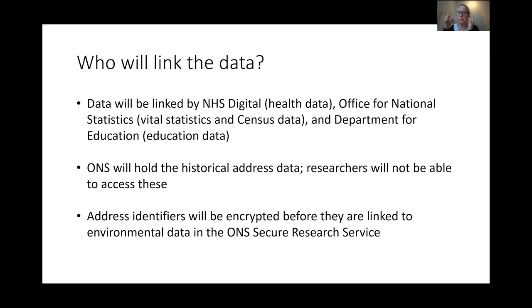We will link in some environmental data that has already been processed for this, but researchers might hold environmental data on access to food outlets, biodiversity indicators, whatever you like, that can be mapped to an address. Those will have to be encrypted before they are brought in to link to the cohort data, and likewise the cohort addresses will be encrypted so that there will be no way of actually working out where a child lives.